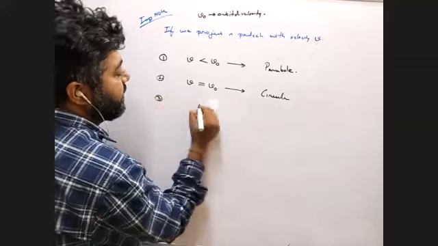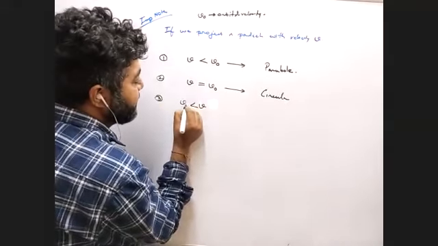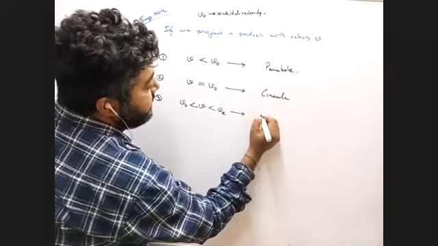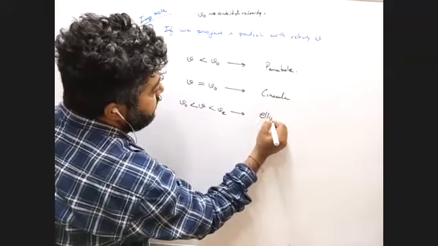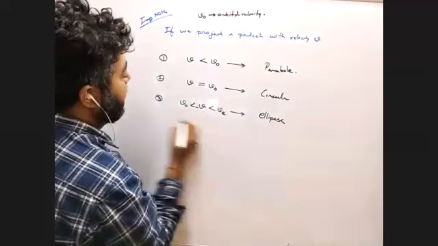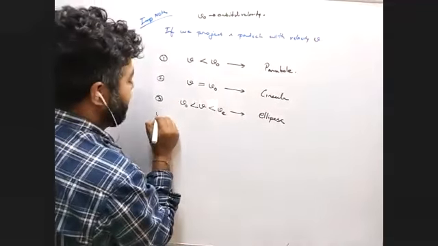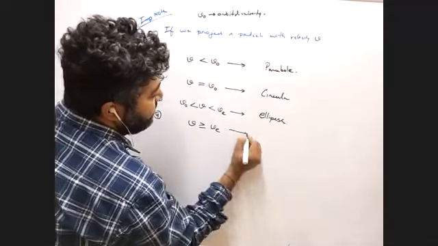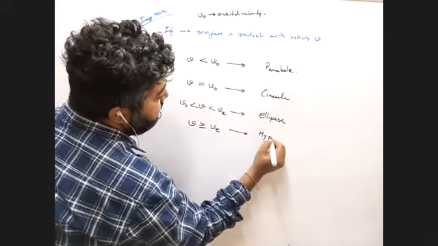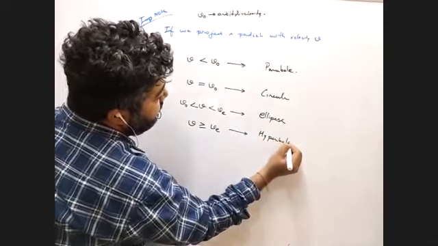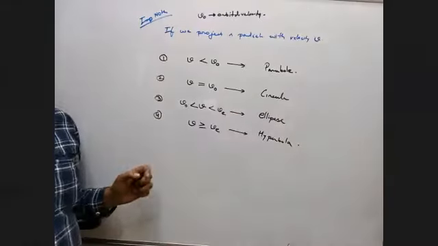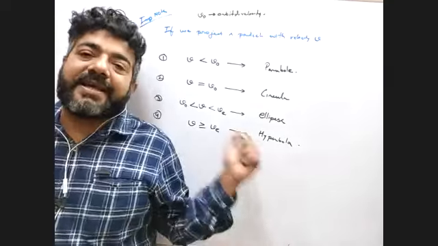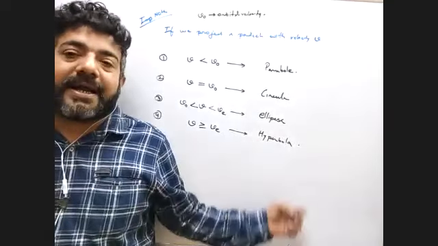Third, if the velocity is greater than orbital velocity and less than escape velocity, then it is an ellipse. And number 4, if the velocity is greater than or equal to escape velocity, then hyperbola. So the examiner can give you this type of objective question, even in entrance exams like medical exams or IIT mains.